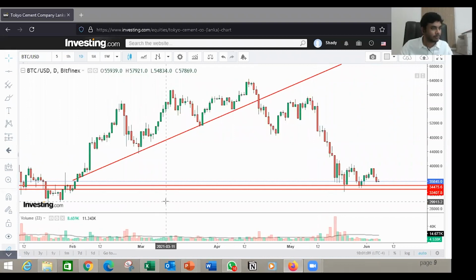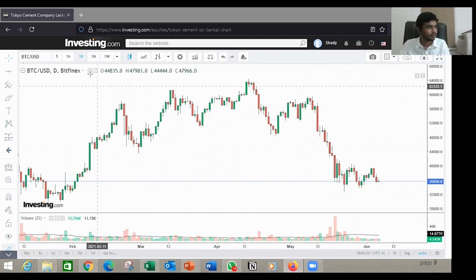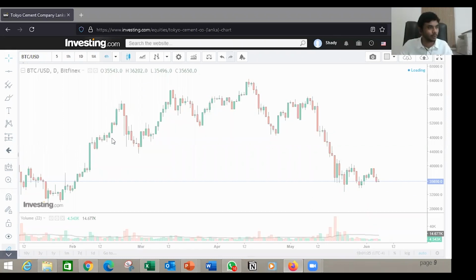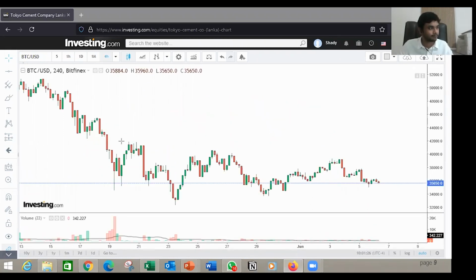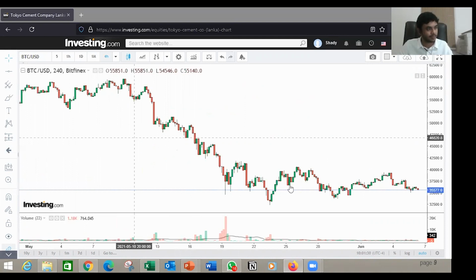another example of how this particular trend resistance works. So we will go for a 4-hour chart to see more price volatility. Based on this, you can see the trend resistance, right?